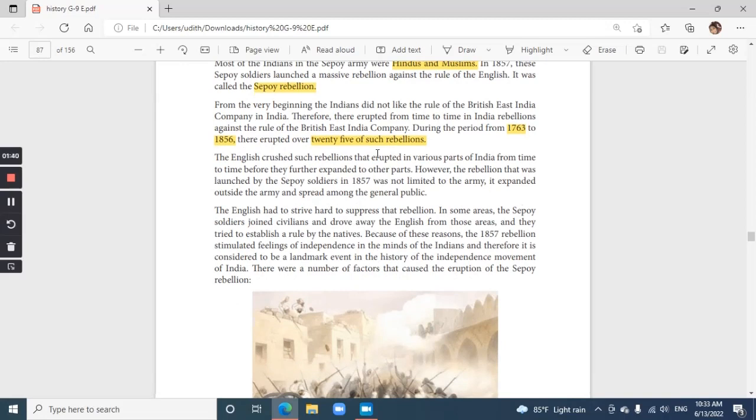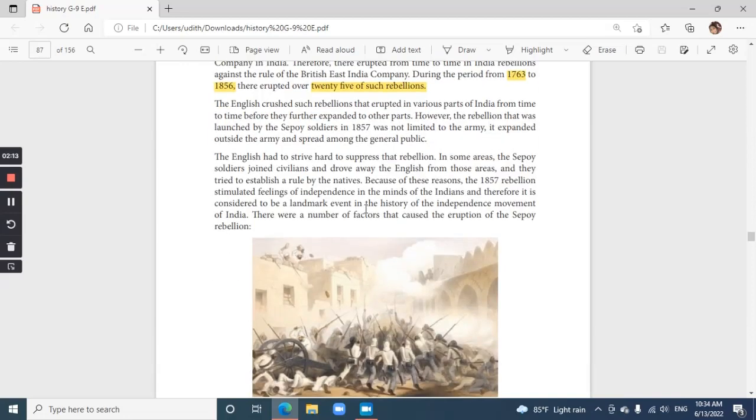From the very beginning, the Indians did not like the rule of the British East India Company, and from time to time the Indians launched different types of rebellions. During the period from 1763 to 1856, over 25 such rebellions erupted, which I have highlighted here.